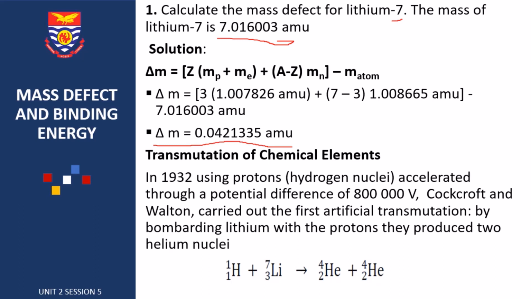For artificial transmutation, the first artificial transmutation was carried out by two scientists known as Cockcroft and Walton, where they were able to get helium atoms from bombarding lithium with proton, and that is what is demonstrated here, where this proton is used to bombard lithium and it produces these two helium atoms.